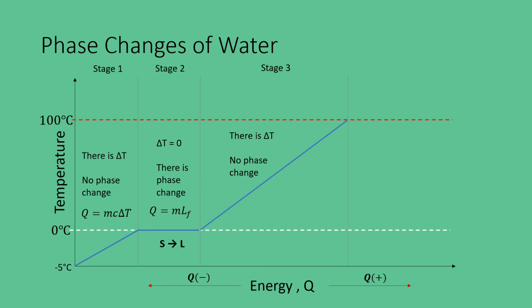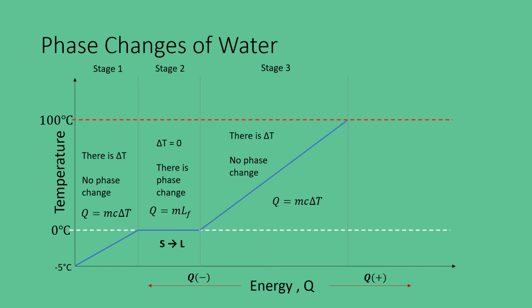We can get the value of delta T, but at this stage, water is still in liquid phase. No phase change will happen. The amount of heat needed for this can be computed using Q equals mass times the specific heat of water at this stage wherein it is in liquid form, which is different from the specific heat of water at stage 1, mass times the specific heat of water times delta T.